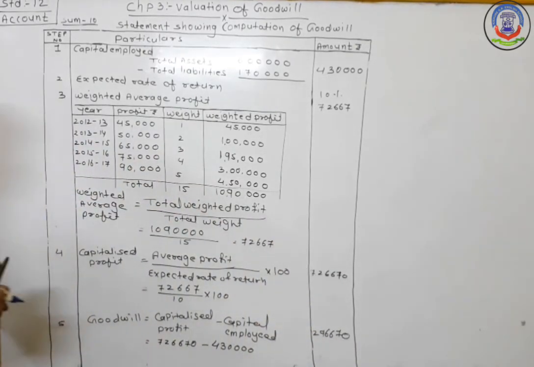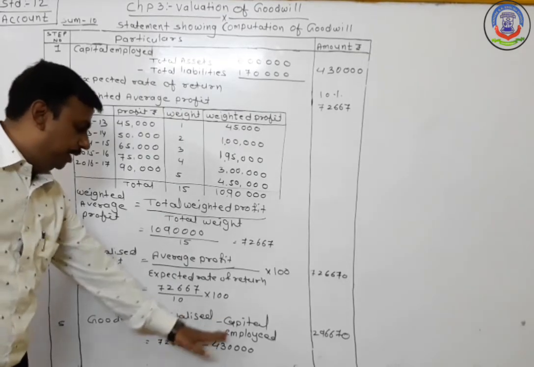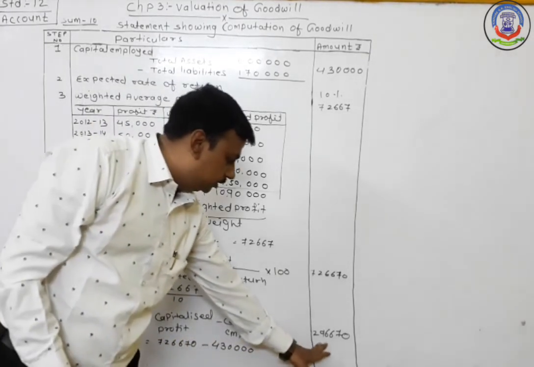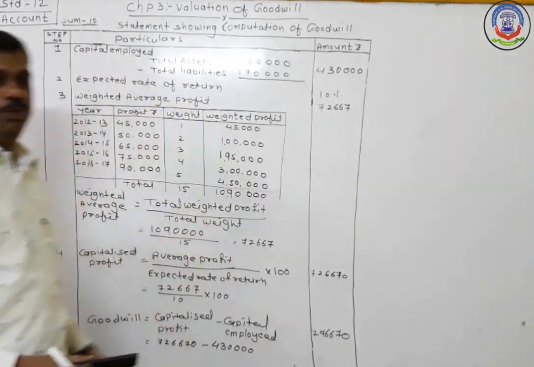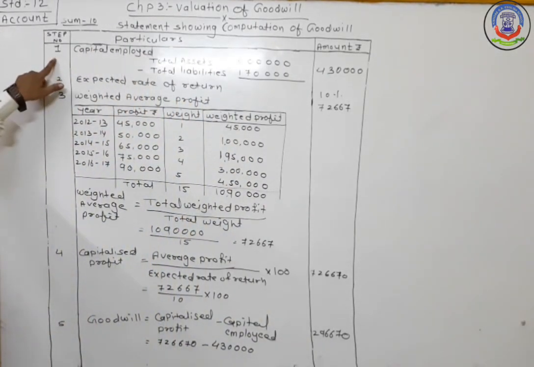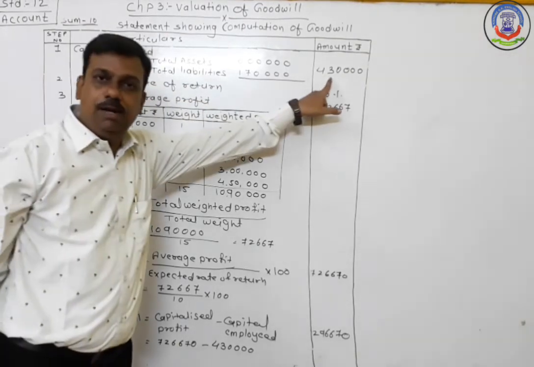Goodwill equals capitalized profit minus capital employed. Our answer is 2,96,670 rupees.